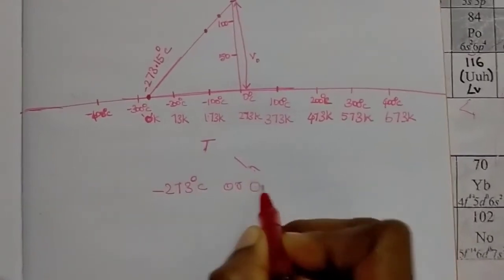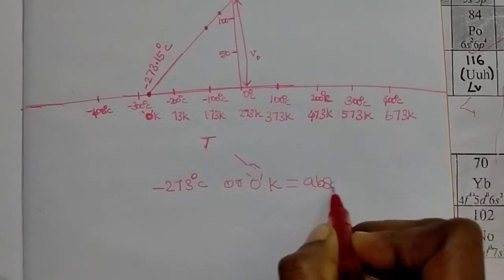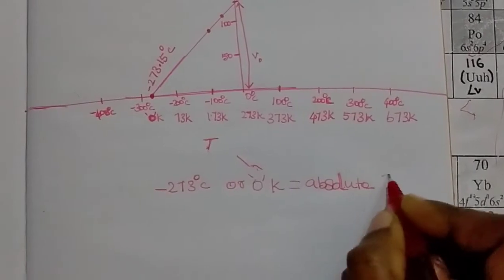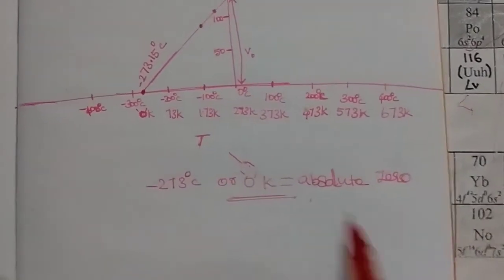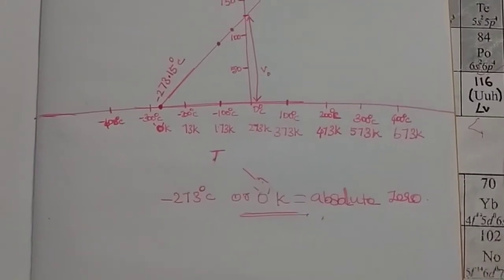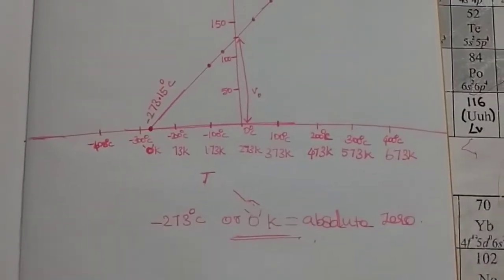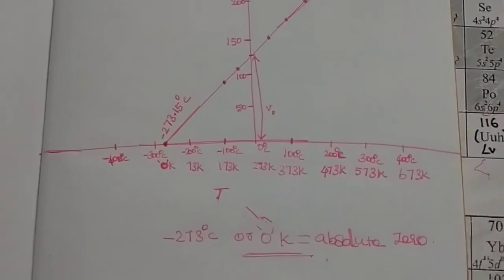This point is generally known as absolute zero. So this point explains absolute zero, the zero point of temperature.